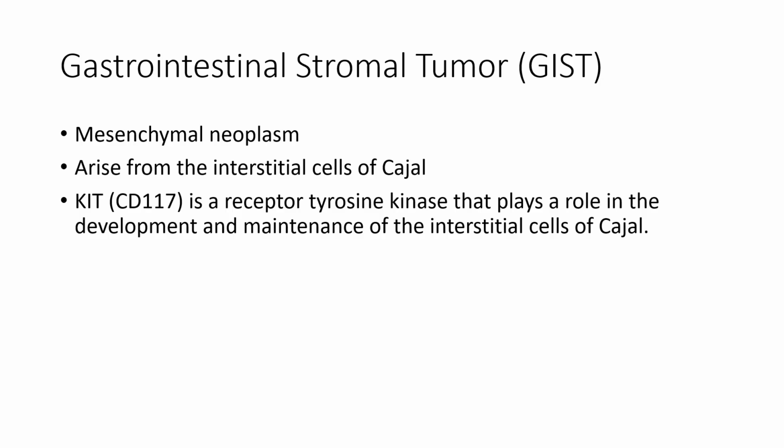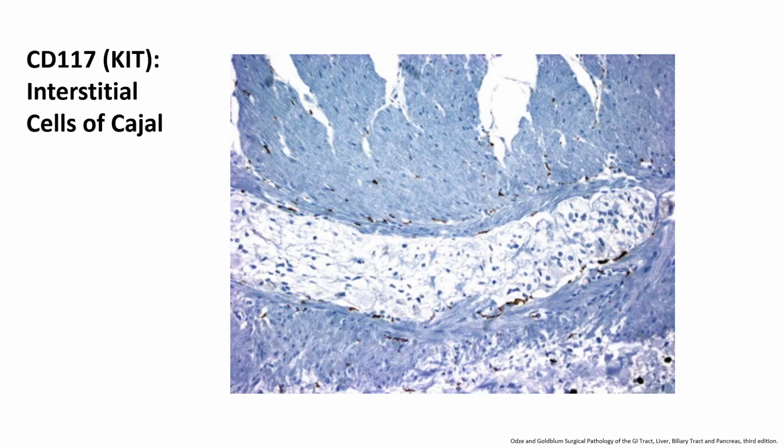That is why they are also called the pacemaker cells of the GI tract. KIT or CD117 is a receptor tyrosine kinase, and this receptor tyrosine kinase plays an important role in the development and maintenance of the interstitial cells of Cajal.